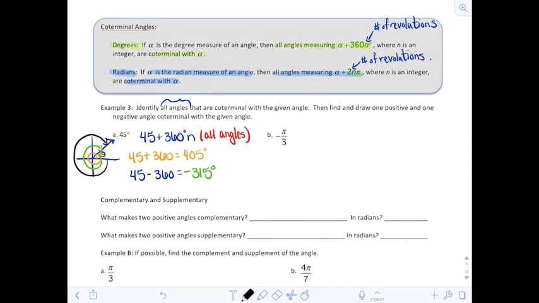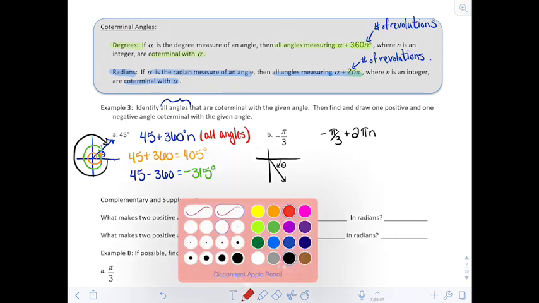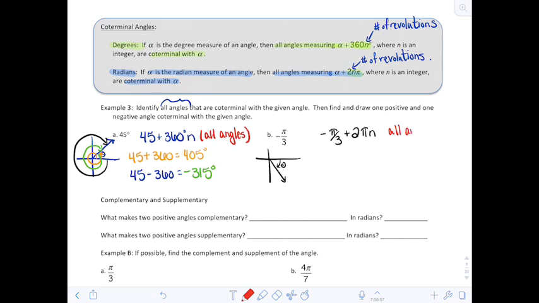So if I have negative pi over 3, so that's going to be down here, there's my theta. So if I want all angles coterminal, that's going to be negative pi over 3 plus infinitely many revolutions, 2 pi n, or 2n pi, doesn't really matter. So this represents all angles coterminal.